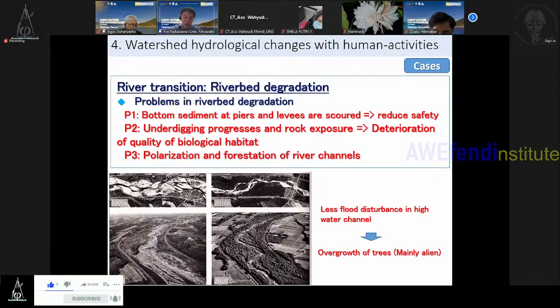And also the forest tree species are typically alien species. Alien species prefer such conditions, so they dominate such polarized rivers. So it is becoming a problem in Japan.